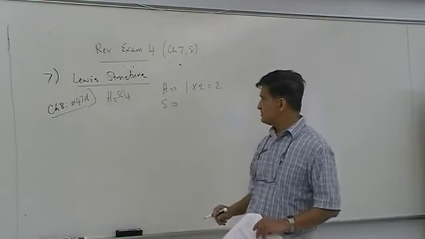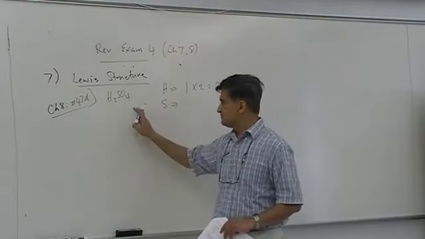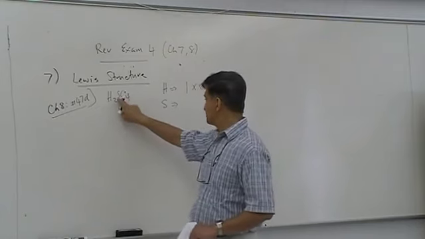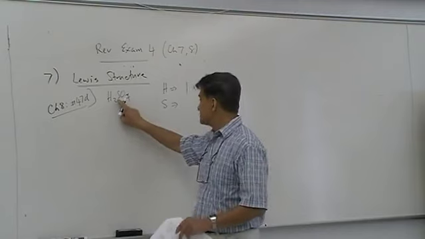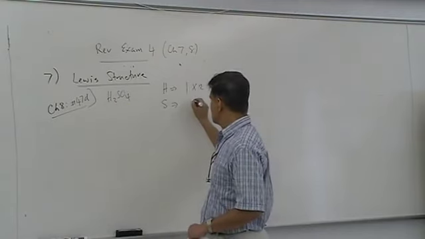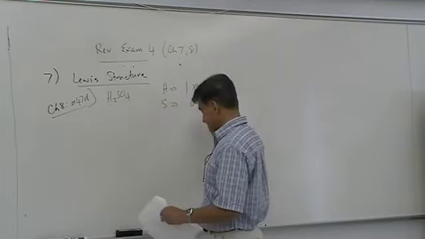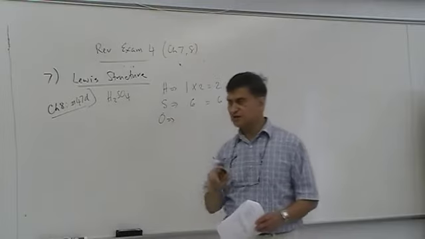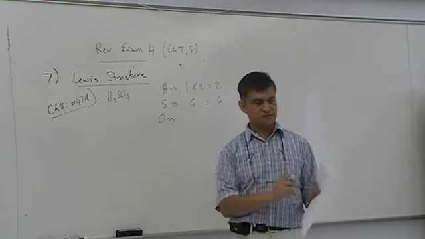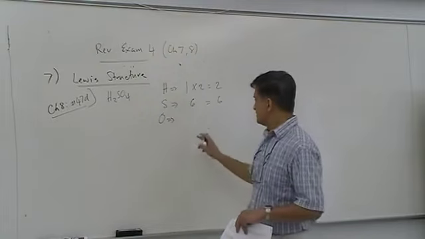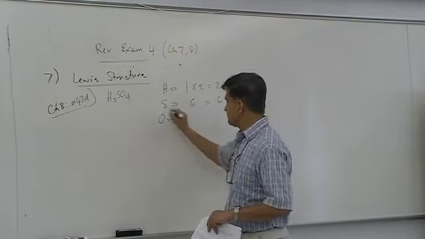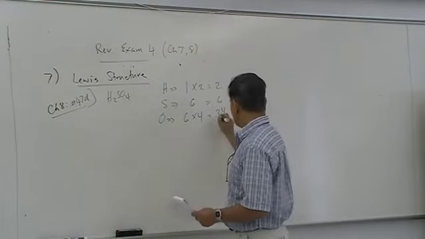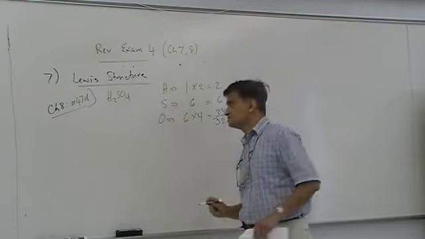You look at the periodic table and count from left to right, only s and p electrons, in order to get the valence electrons for sulfur. Sulfur has 6, and there is only one sulfur, so that's 6. Oxygen, again, you count along the line where oxygen is, from left to right: 1, 2, 3, 4, 5, 6. And that's the valence electrons, and we have four such oxygens. That's 24, and altogether we must have 32 electrons.